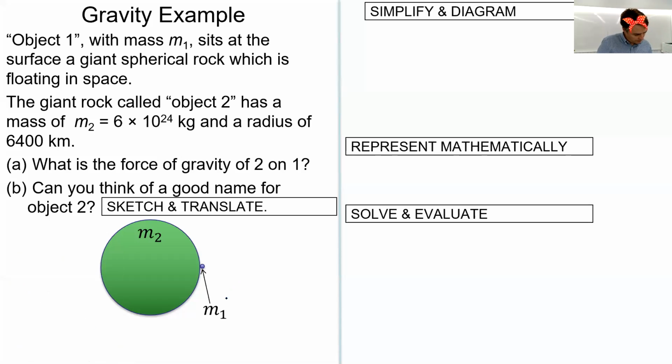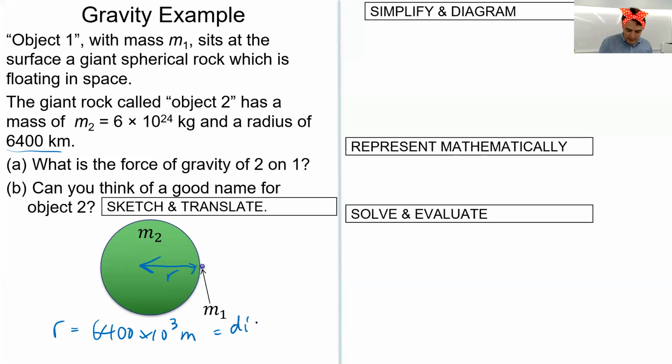So we've got an attractive force. This distance right here, R, is the radius of the circle. And since M1 is very small compared to M2, M2 has a radius of 6,400 kilometers, equals 6,400 kilometers times 10 to the 3 meters.